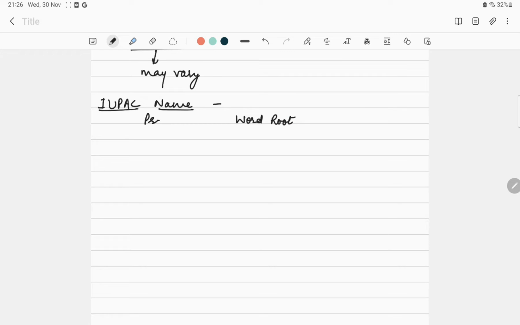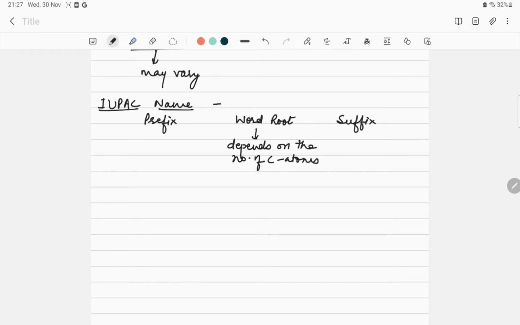Before the word root, we have the prefix, and after the word root, we have the suffix. Now, coming to the word root, how do we select it, or what is a word root? Word root depends on the number of carbon atoms. How many carbon atoms are there? According to that, the word root is selected.